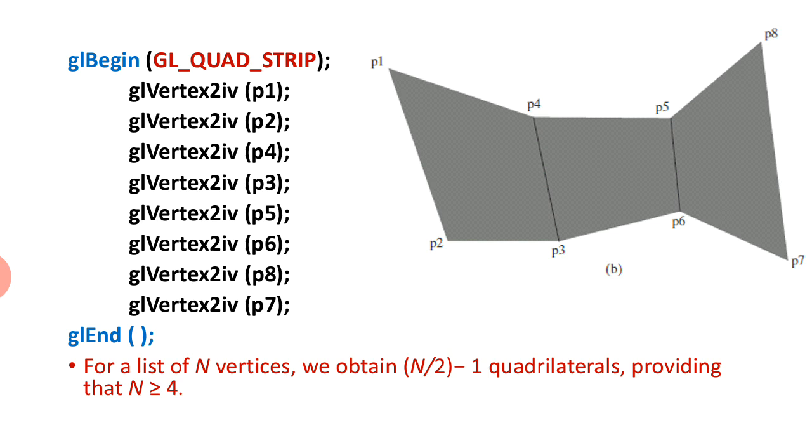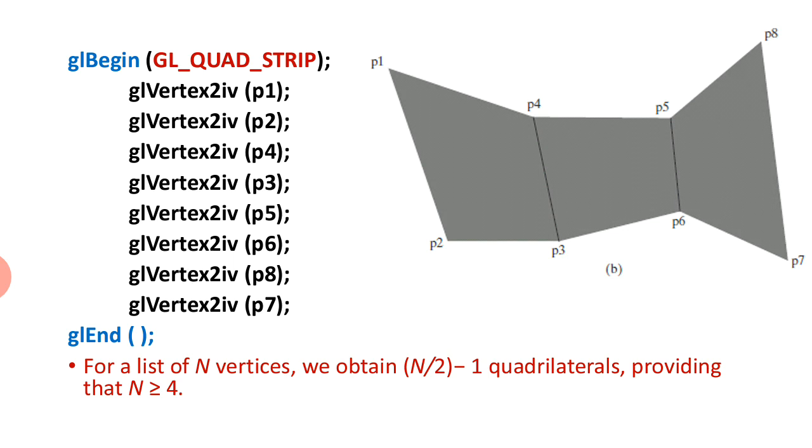By using this variety of symbolic constants under glBegin and glEnd, we can draw a variety of polygons and quadrilaterals with which we can create a variety of objects.